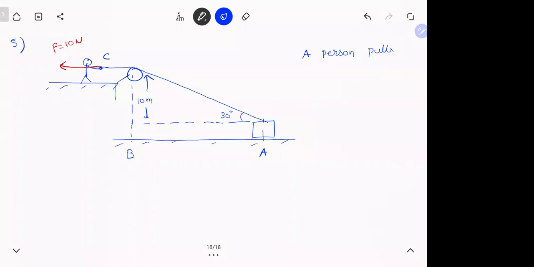A person pulls a string, and this is a 5 kg block. He pulls the string with a force of 10 newtons, and the other side is attached to the block as shown.